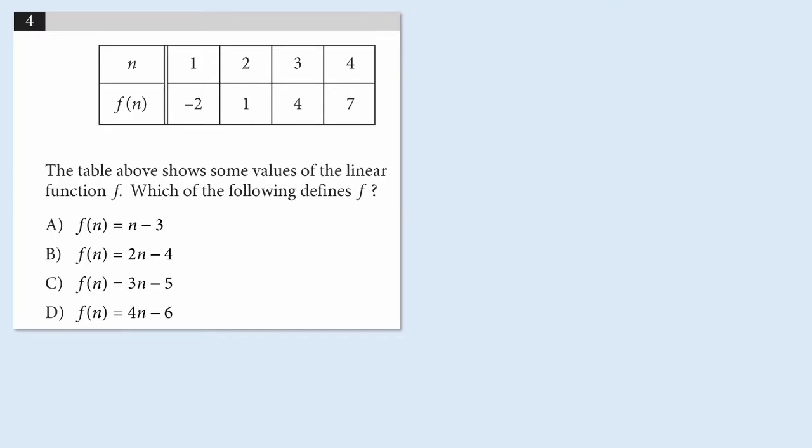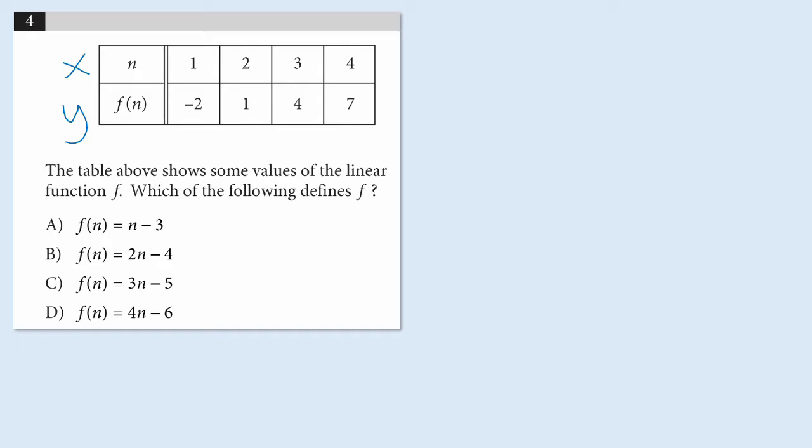In this problem, I'm going to actually show you 3 different strategies, and each of them involves looking at clues. So we can think of the table of values as x represented by the n values and y represented by the f of n values.